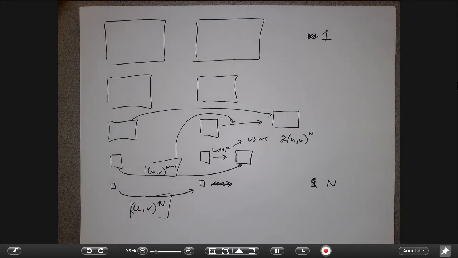So the final flow vector is going to be basically like saying, okay, suppose I have like 4 levels of the pyramid. It's going to be like saying, okay, I'm going to take 16 times the coarsest flow vectors plus 8 times the next coarsest plus 4 times plus 2 times plus the finest increment, right? So yeah, it's going to be a concatenation of a bunch of flow fields, right?